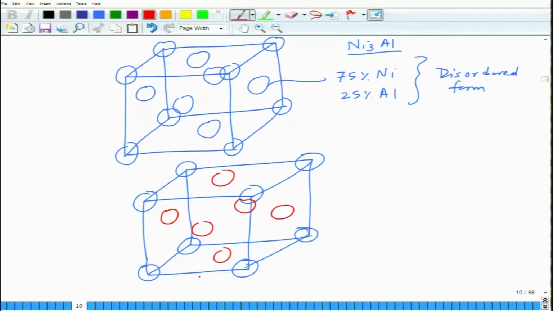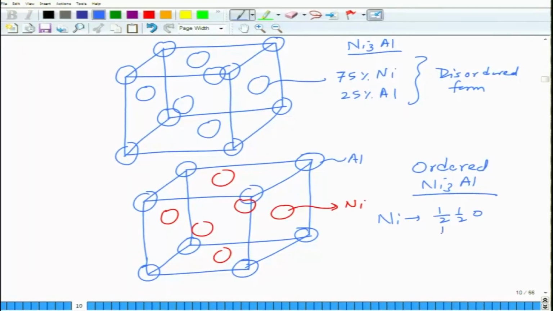This is the ordered structure. Here this is nickel, and this is ordered Ni3Al, where nickel goes to half 0 half, 0 half half, and aluminum goes to 0 0 0.